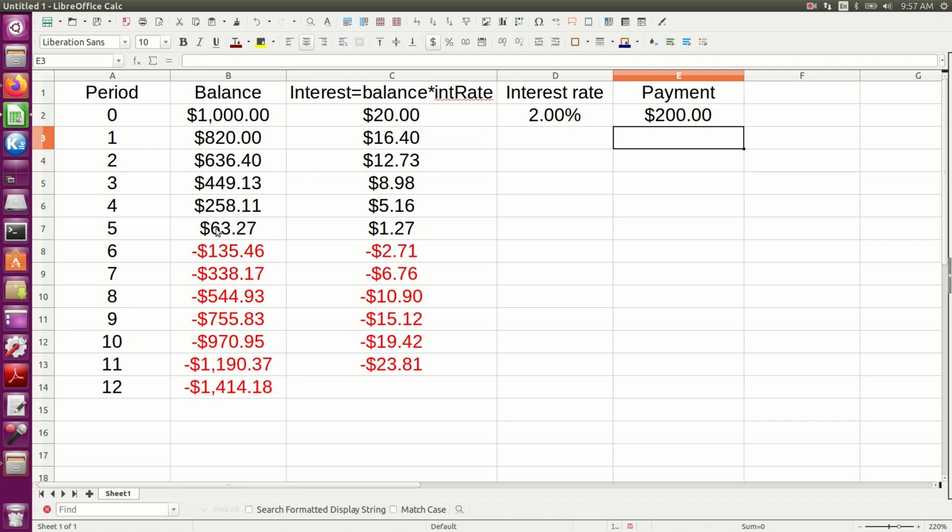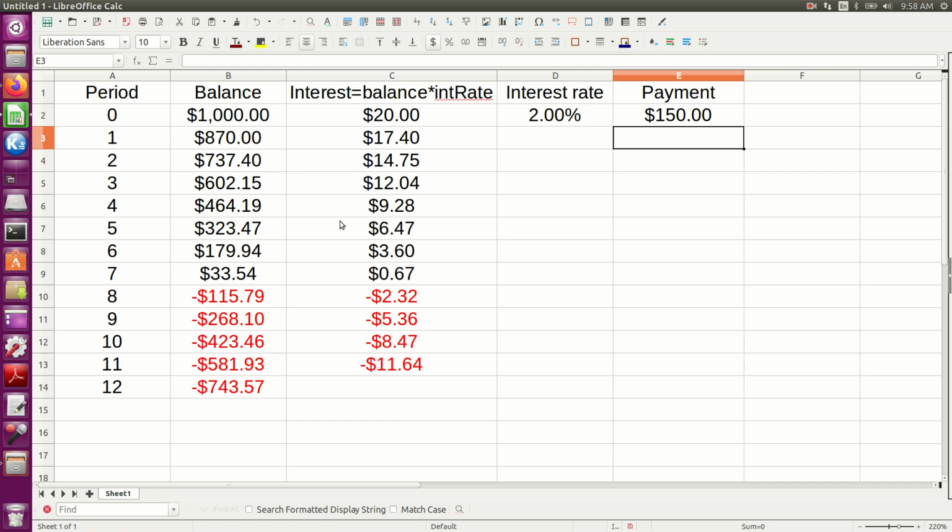So suppose I want to pay it off in 6 periods. So I would still have a balance at period 5, but I'd like my balance at period 6 to be 0. So I'm targeting this number here to be 0. So when I do 150, it's not 0, it's $33.